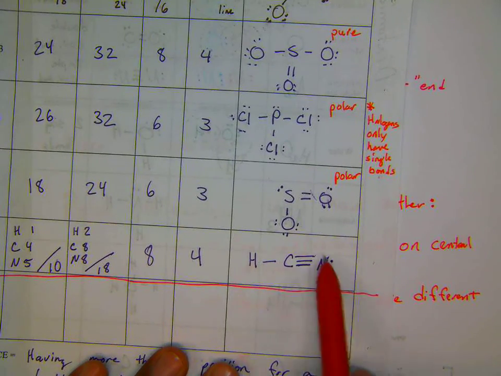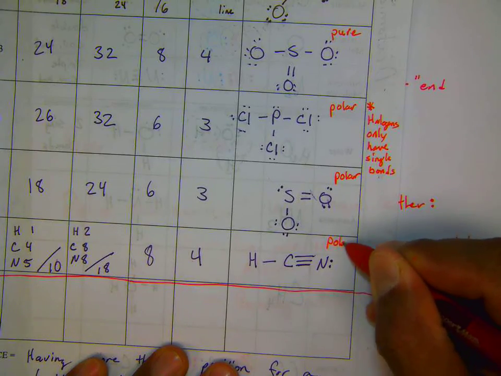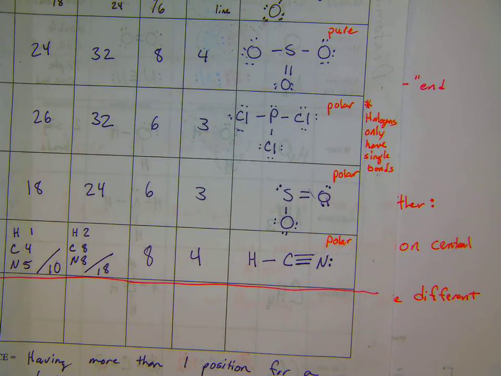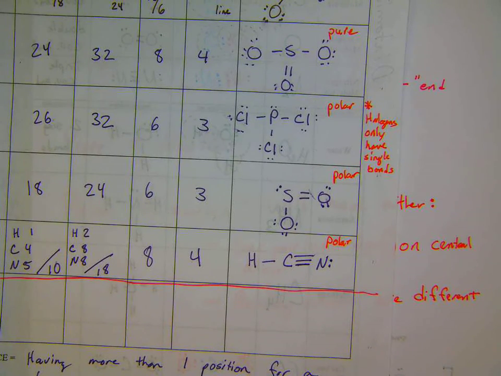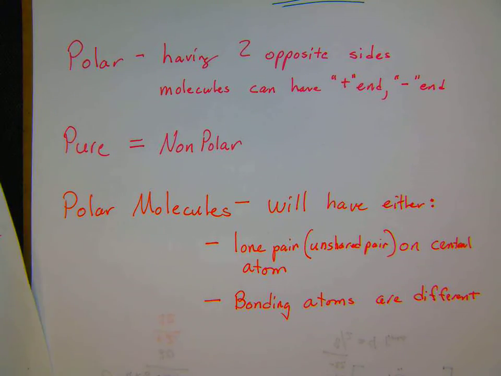So would you say this is polar or pure? Polar. There might not be dots on the central atom, but the bonding atoms are different. Now, if they have dots on the central atom and the bonding atoms are different, it's still polar. As long as one of these criteria is met, it's going to be a polar molecule.